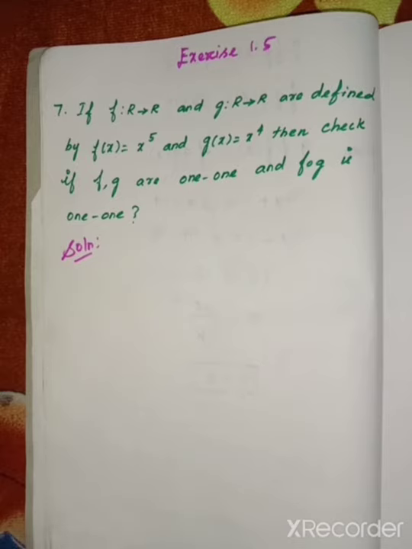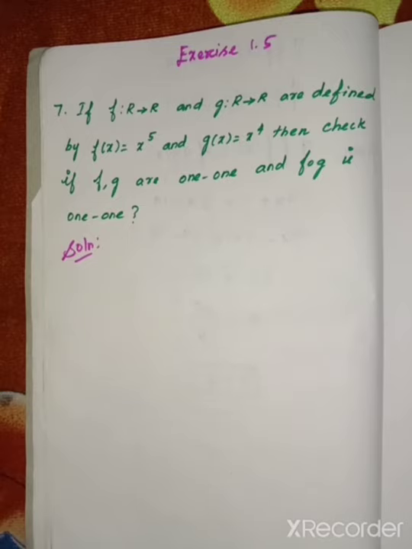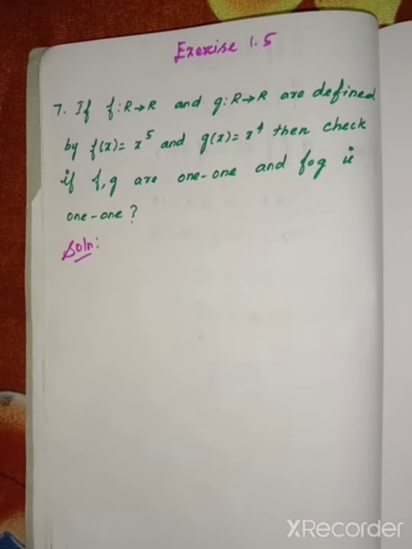Exercise 1.5, 7th question. If f from R to R and g from R to R are defined by f of x equal to x power 5 and g of x equal to x power 4, then check if f, g are 1 to 1 and f of g is 1 to 1.